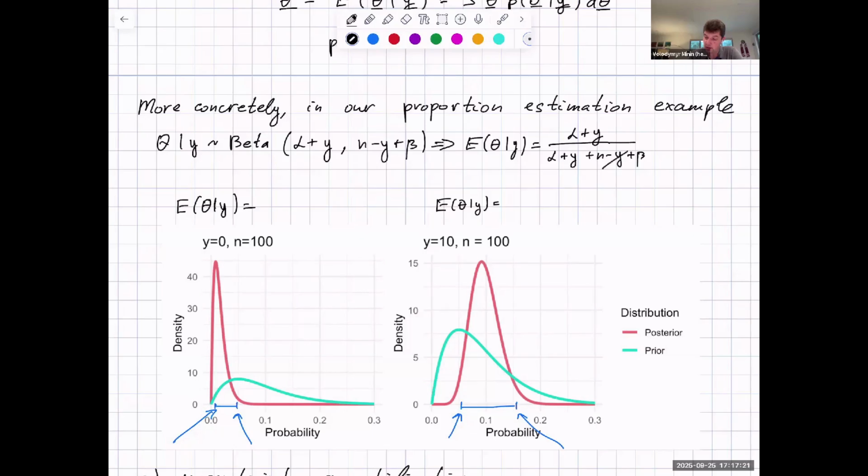And you see that you have an elimination of the data y, at least on the bottom, and you have alpha plus y over alpha plus beta plus n. And so you can sort of isolate this as your prior contribution.